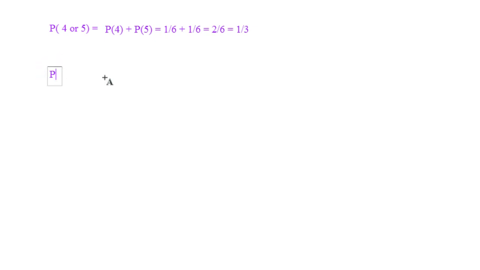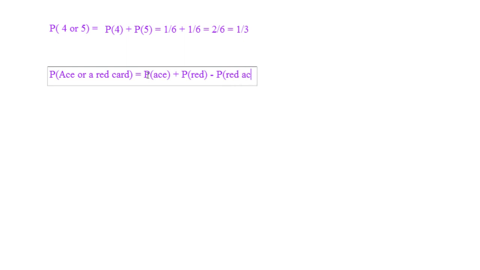Okay, now the probability of getting an ace or a red card when drawing 2 cards from a deck, or just from any kind of deck, if you notice, this is actually inclusive. So you would do the probability of getting an ace plus the probability of getting a red card minus the probability of a red ace.